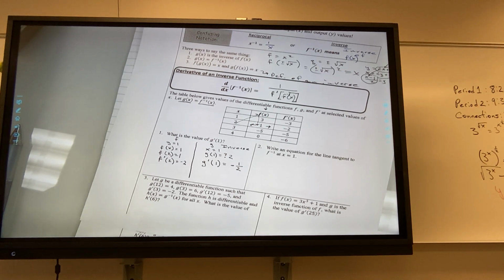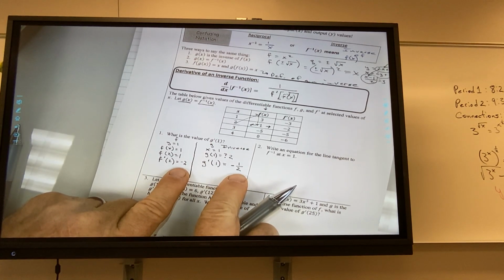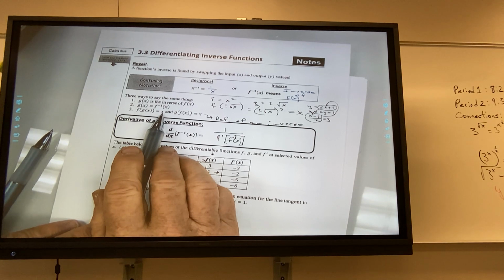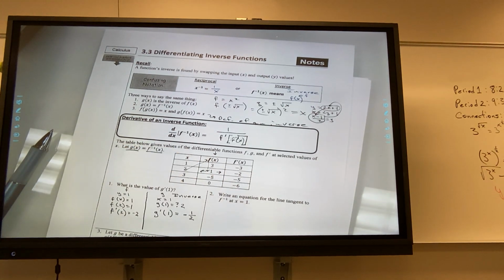Now, here's something that I want to show you. What do I get when I multiply these two together? 1. You notice right here it equals x, correct? What's the derivative of x? 1. And that's why that relationship is. So if the derivatives are multiplied together, they should equal 1.